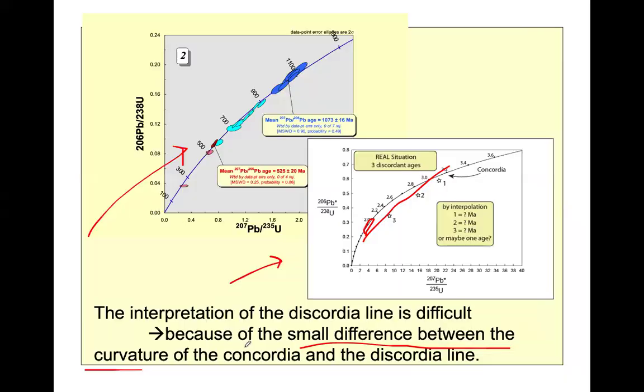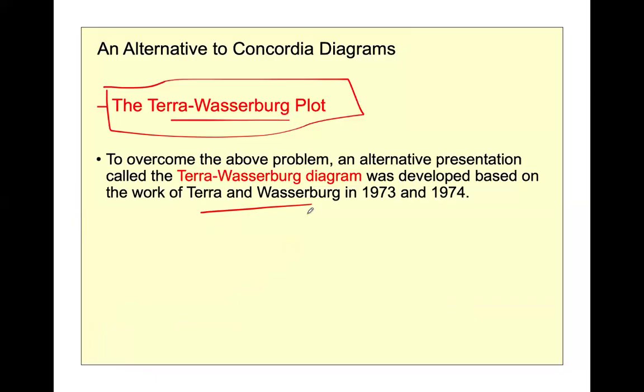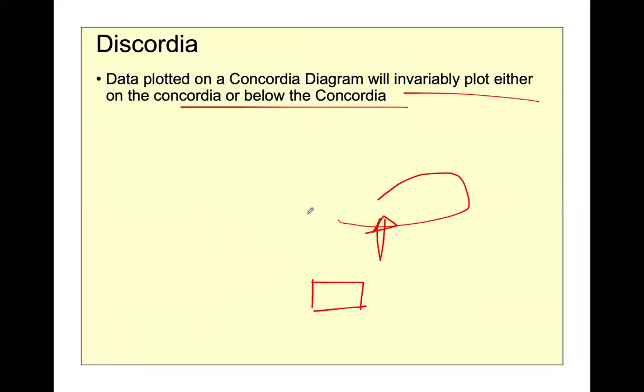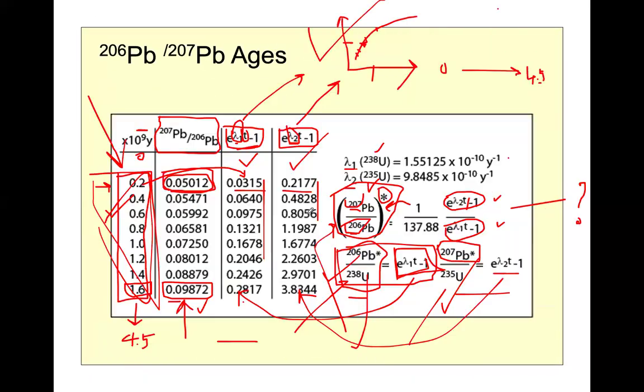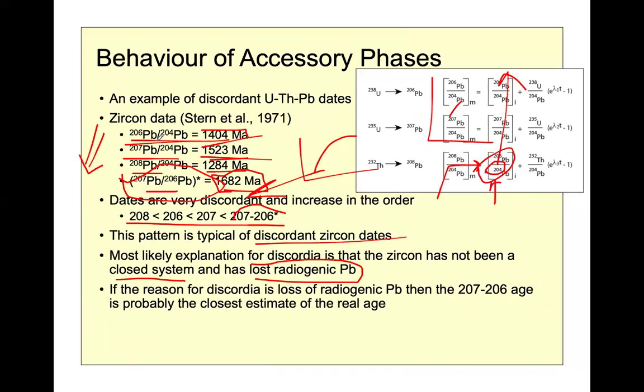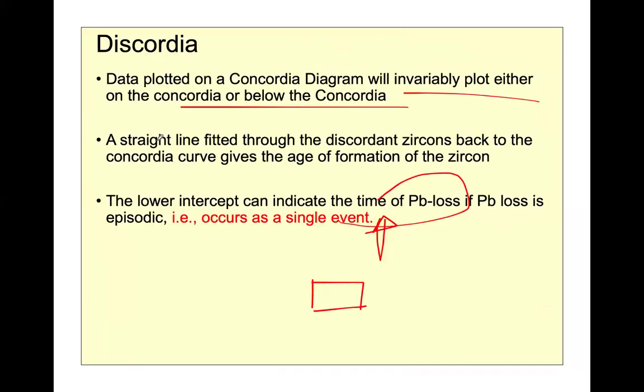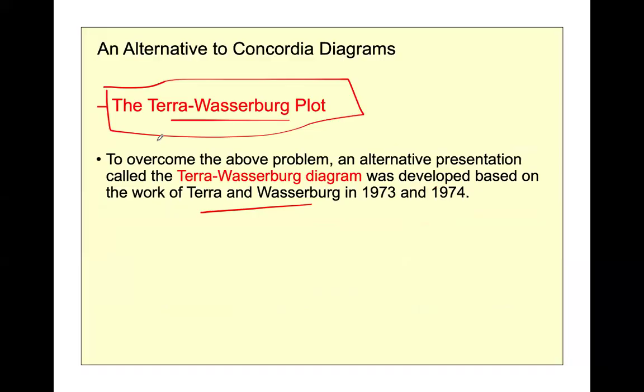Instead of getting these two, you take the exact amount that you get from the table. Where is the table? Here. You take this 207 to 206 ratio. This ratio, 207 to 206, is taken for making Tera-Wasserburg diagrams.